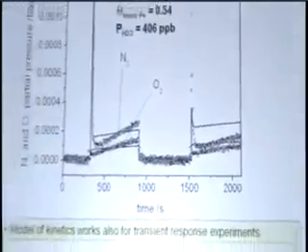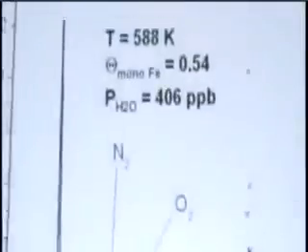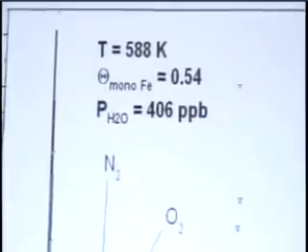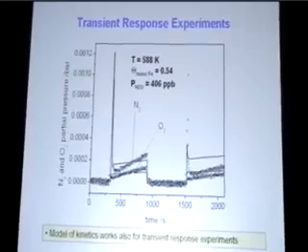And this is true not only for steady state data, so we get a good fit, but we have also transient response data here. Here we've taken the catalyst in its resting state, and then we put pulses of N2O over it. We follow the burst of nitrogen and then a little bit of oxygen. We're right at a temperature at the threshold where you can see steady state activity. And so the first thing that happens is that N2O decomposes and leaves oxygen behind on the catalyst.